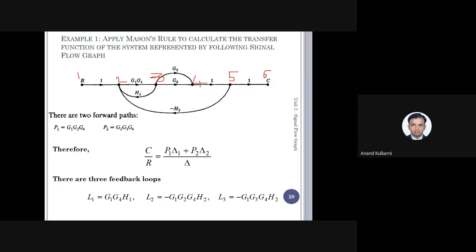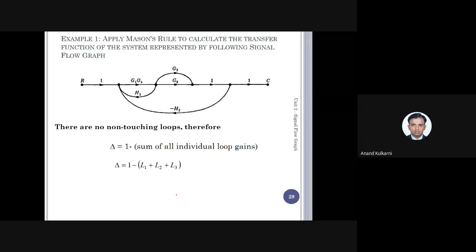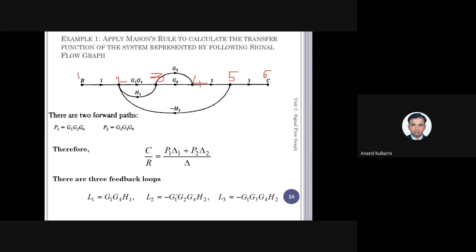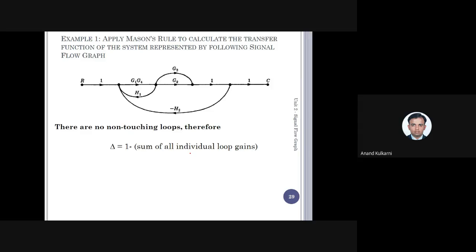If we observe L2 and L3, again the nodes are common. So there are no two loops taken in a pair which are non-touching. All the loops are touching. So in this condition, the value of delta will be 0. Have you understood this? I'll just show you this.